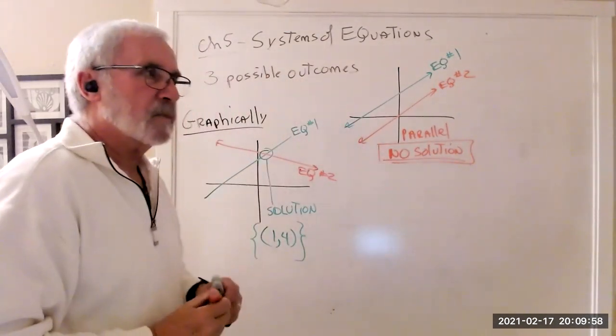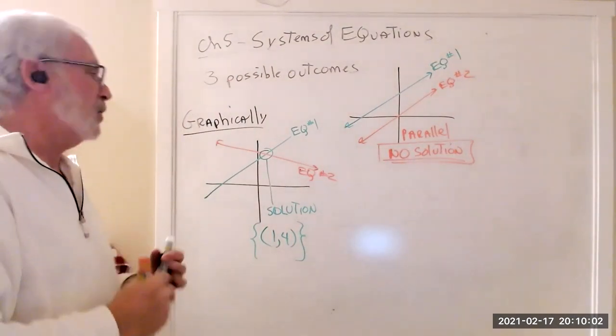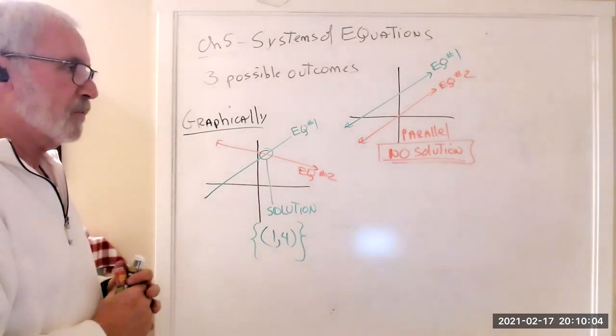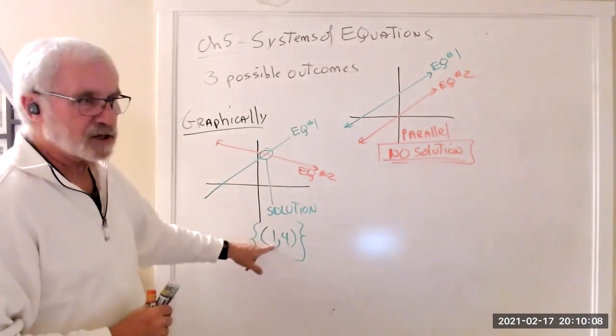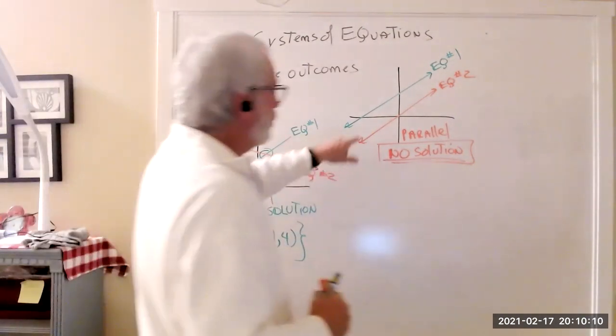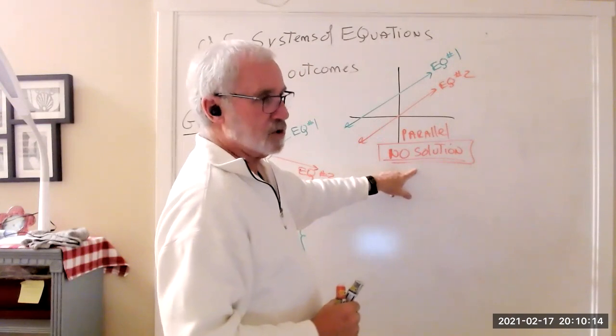Okay. Again, graphing is going to be one of the methods we're going to use in a few minutes. If they cross, then the point where they cross is our answer. If they're parallel, then there is no solution because they don't cross.